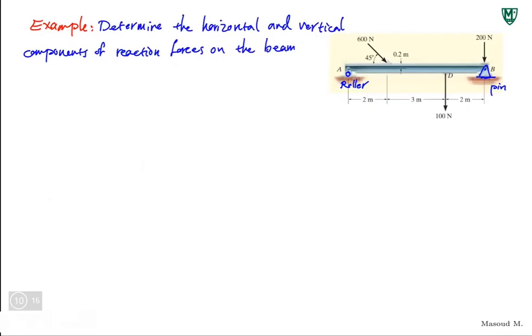There is a continuation at A and B. This makes it more clear. This is point A, and this is point B.